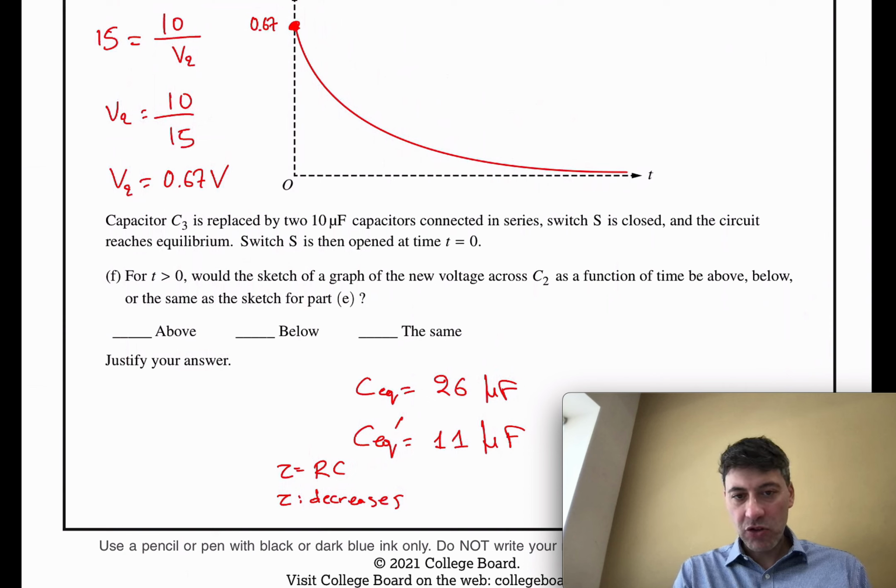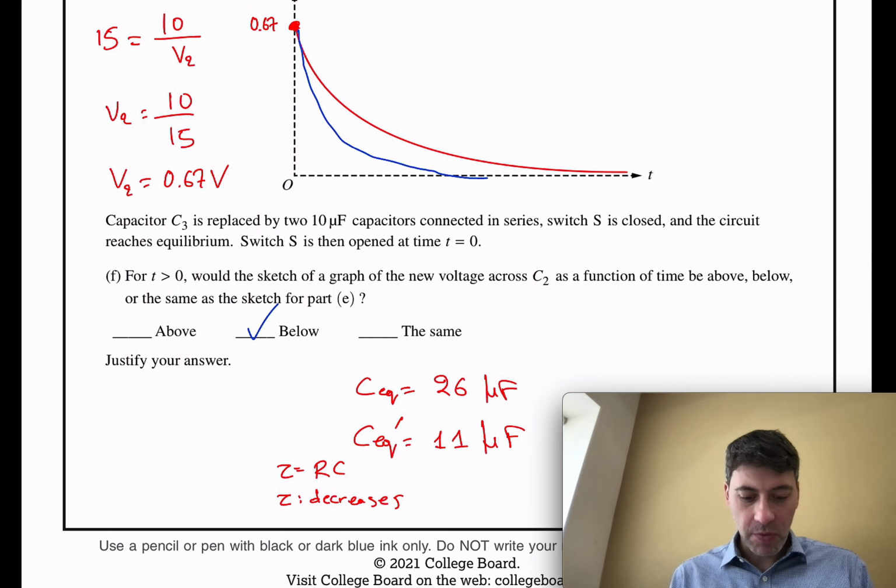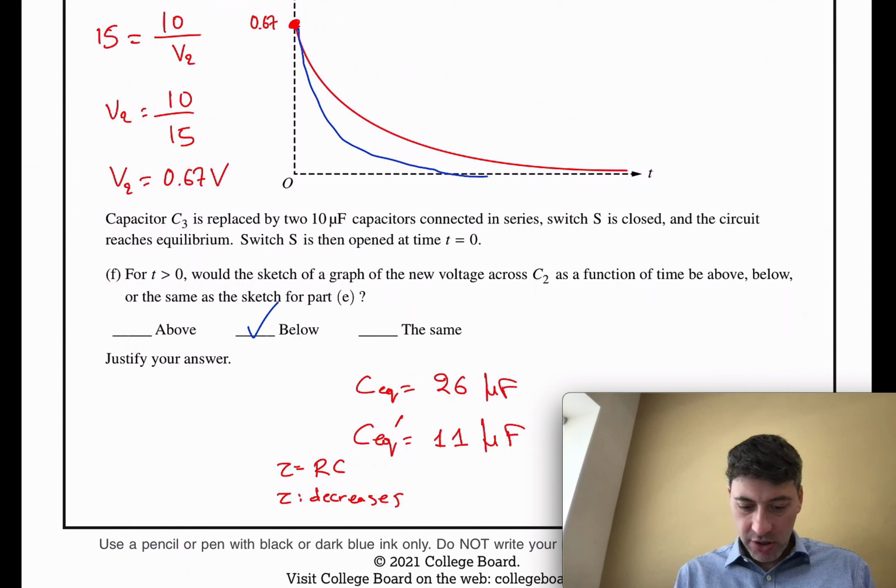So since the time constant decreases, it will take less time in order to discharge. So the new diagram will discharge in less time. So the new line will be below. And we need to explain this with a few words.